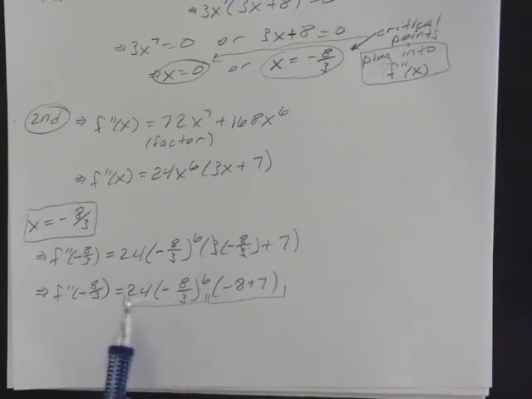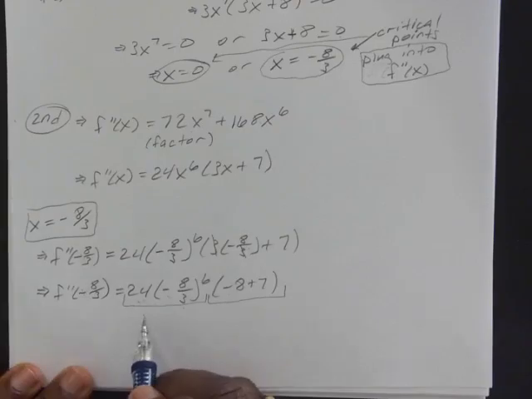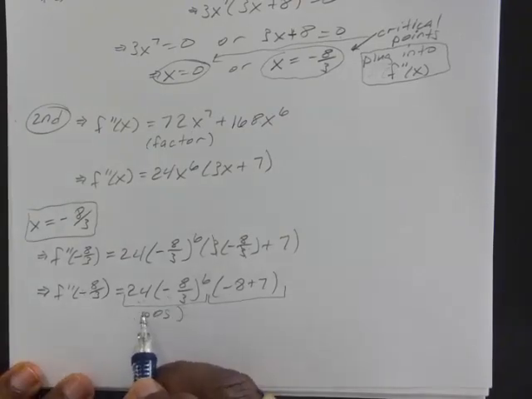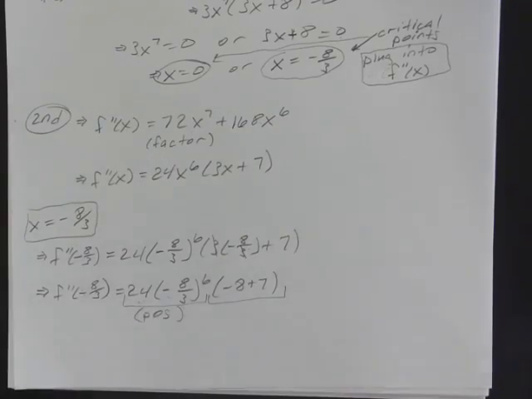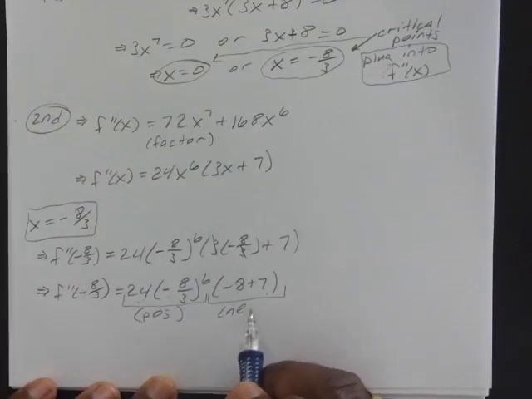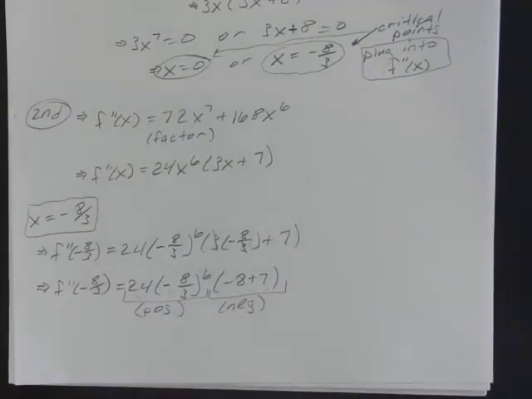So some positive number times positive 24 is going to end up being some positive number. And negative 8 plus 7, well, that's just negative 1, which we know is a negative number. So positive times a negative is a negative.